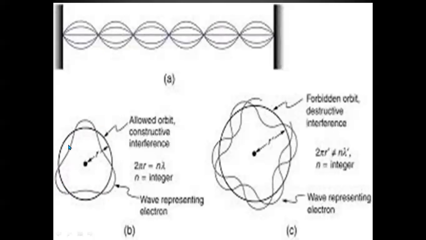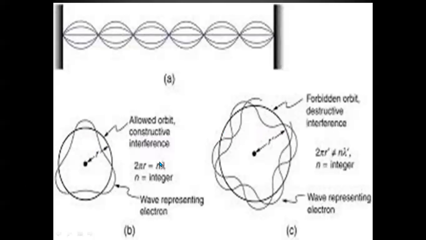And here there are two different situations. These two different situations are compared here. Why? Because these waves can either be in this form or in this form. Which one is allowed for an electron and which one is forbidden, whether this position is possible or not, this possible or not.